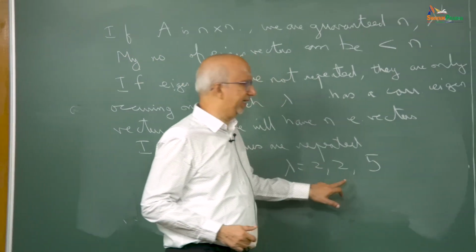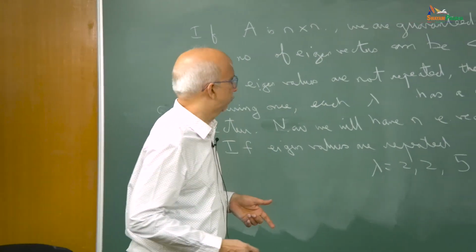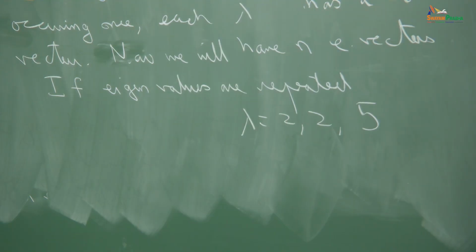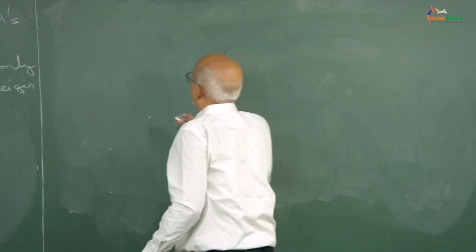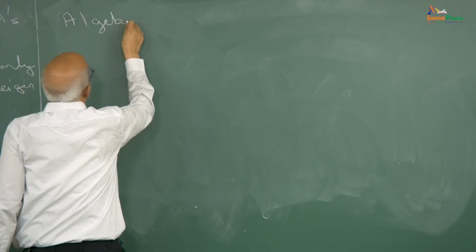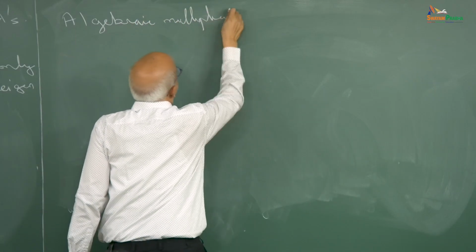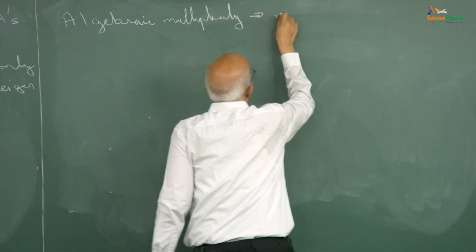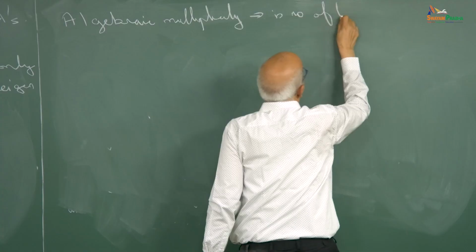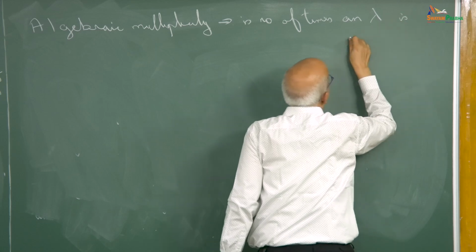Now the number of times it is getting repeated is called the algebraic multiplicity of an eigenvalue. So the algebraic multiplicity is the number of times an eigenvalue is repeated.